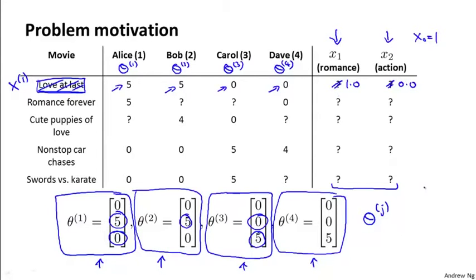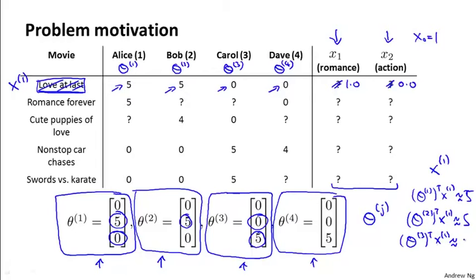This example is a little bit mathematically simplified, but what we're really asking is what feature vector should x1 be so that theta 1 transpose x1 is approximately equal to 5, that's Alice's rating, and theta 2 transpose x1 is also approximately equal to 5, and theta 3 transpose x1 is approximately equal to 0.